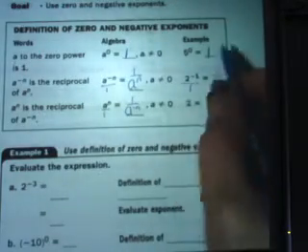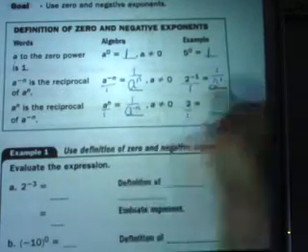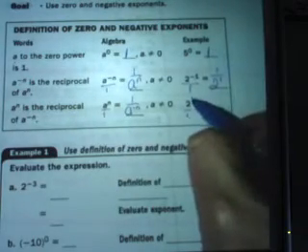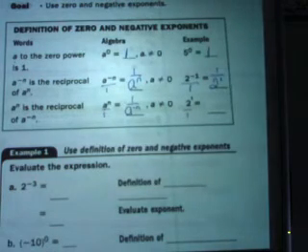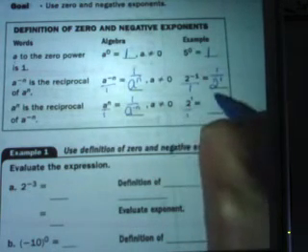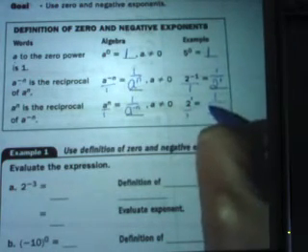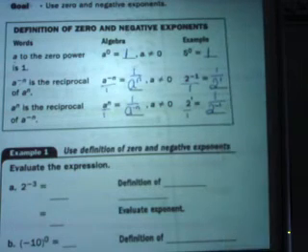Again, a cannot equal 0. So let's look at 2. What is the reciprocal of 2? Well, there's an imaginary exponent of 1 with any whole number. So if I flip this, it's going to become 1 over 2 to the negative 1.